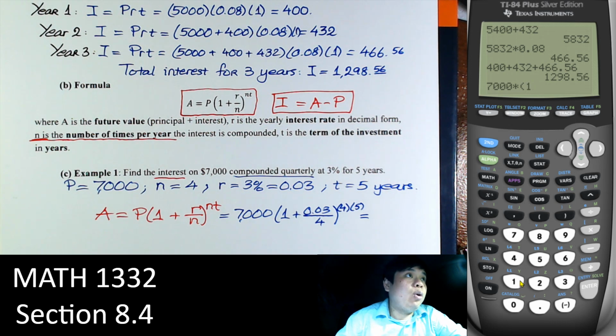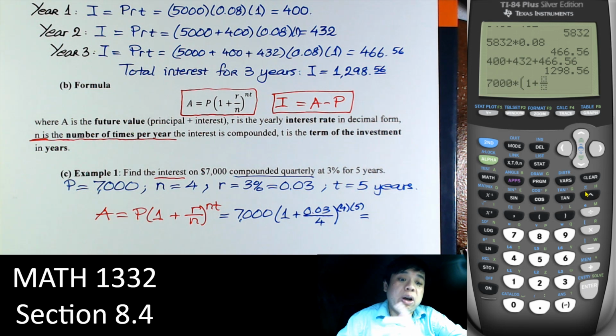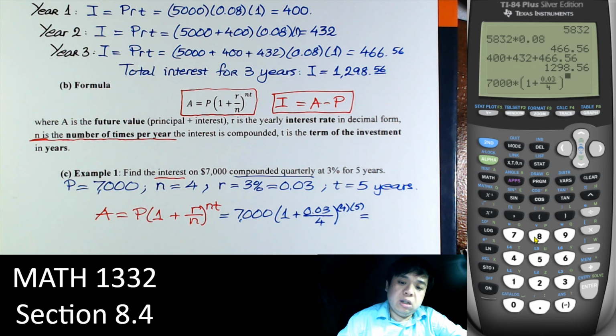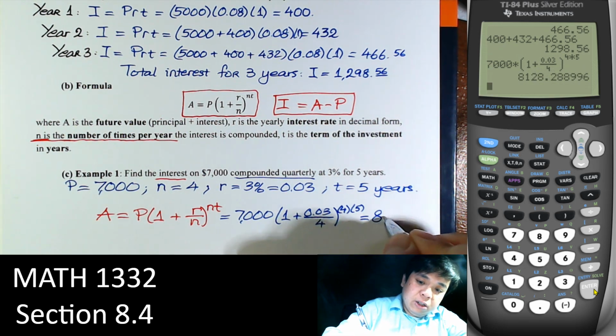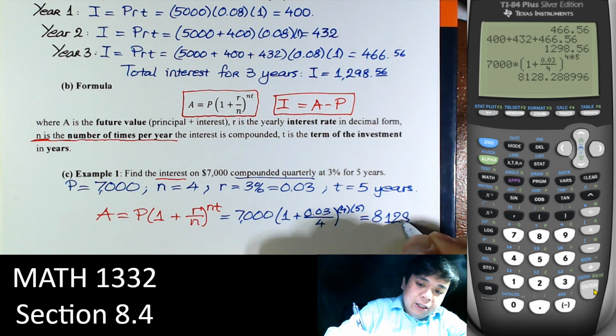Now, if you use this calculator, I recommend we take advantage of the fraction key, so we have a fraction: 3% over 4 times a year, close. This is to the power of 4 times 5. Of course, that's 20, 4 times a year for 5 years. So that's what we have: 8,128, and then round to the penny, 29.